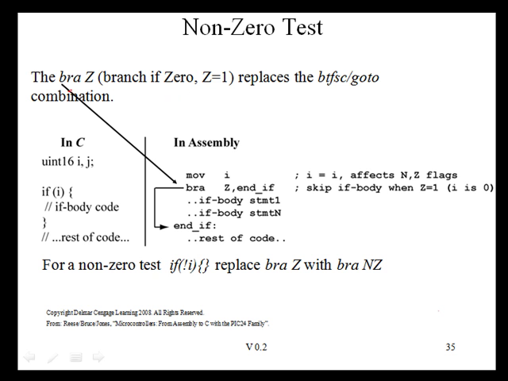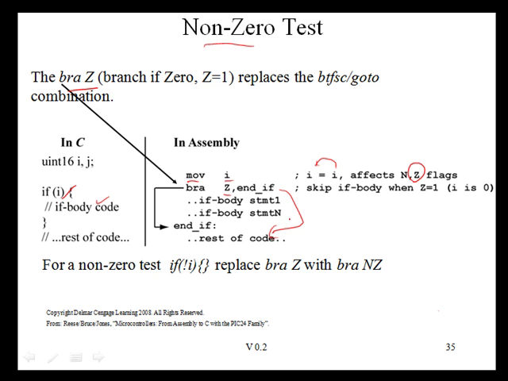So let's take a look at using our branch on 0 to implement our previous example of an if statement using a non-zero test. So this is saying if I is non-zero, execute this if body. We'll keep this, in which we test the value of I by copying it over itself and affecting the Z flag, and we'll say branch on 0 to NF.